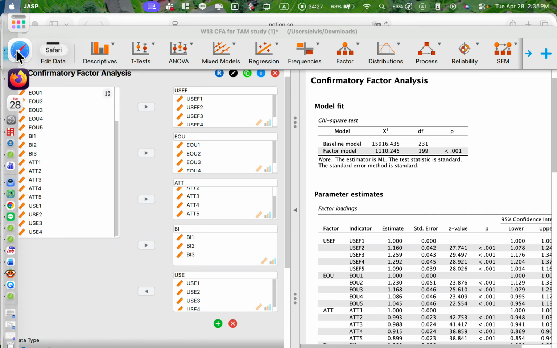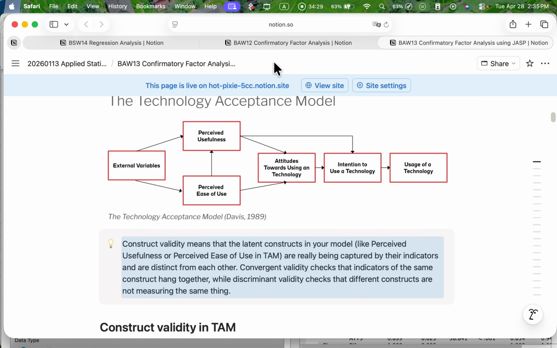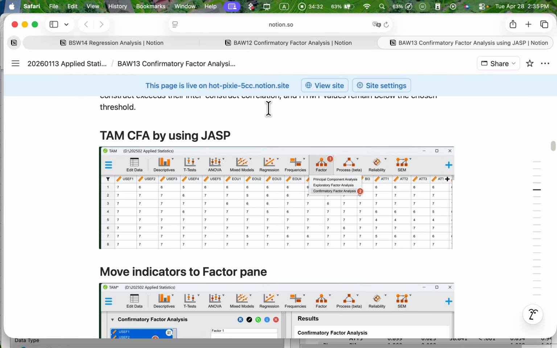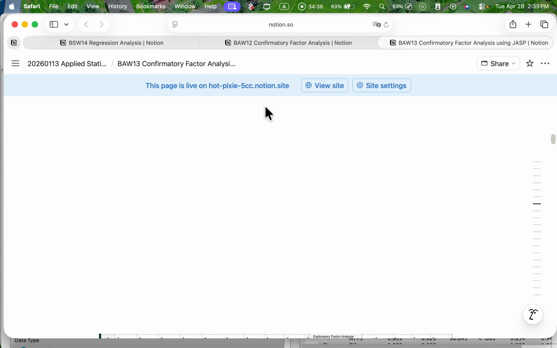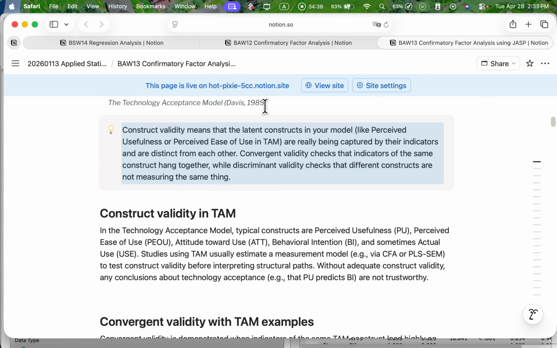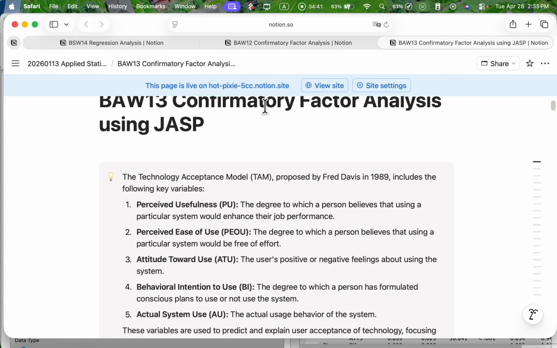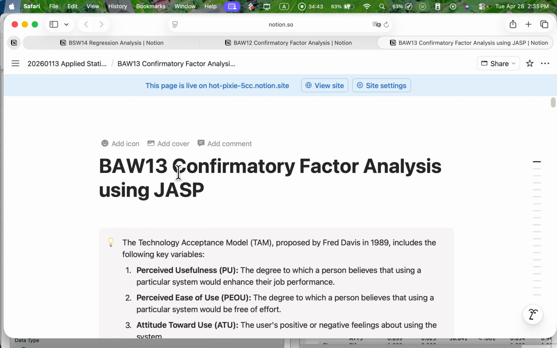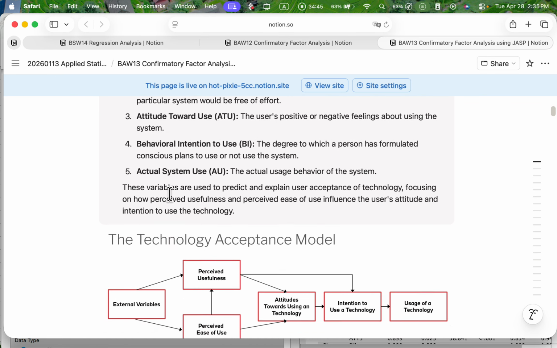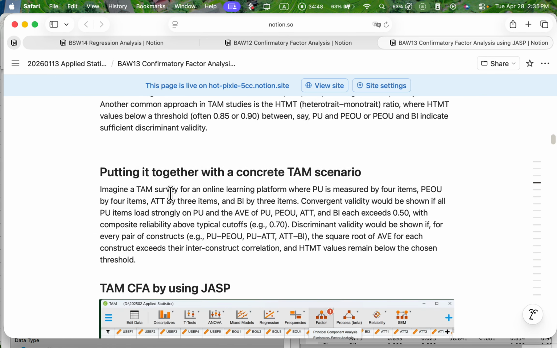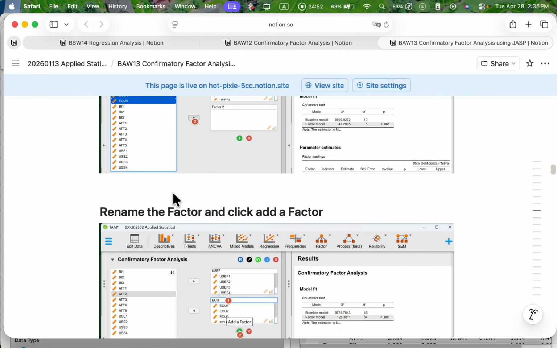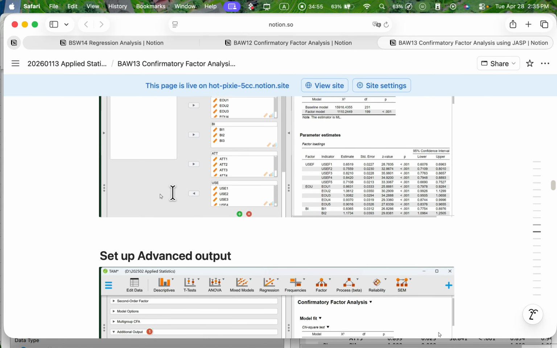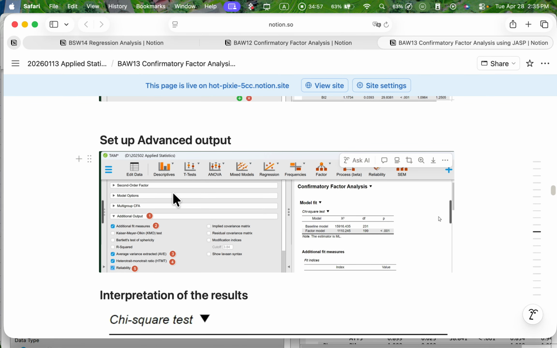Now let's move back to here. So you can see that there's a step by step. If you forget the procedure, don't worry about that. You just refer to the week 13 last week CFA using JASP. I have a step by step screenshot, something like this one. Okay. So next I have to open the advanced output.